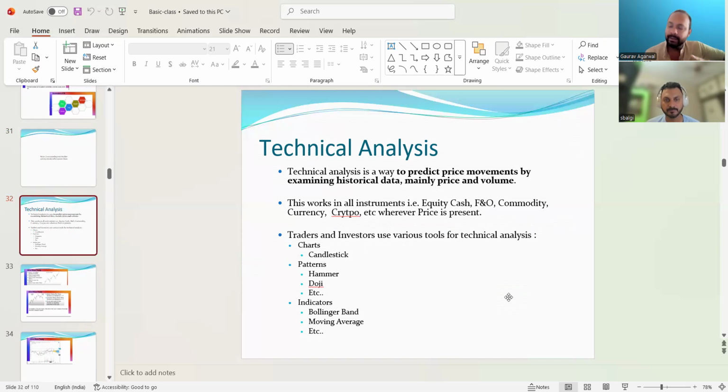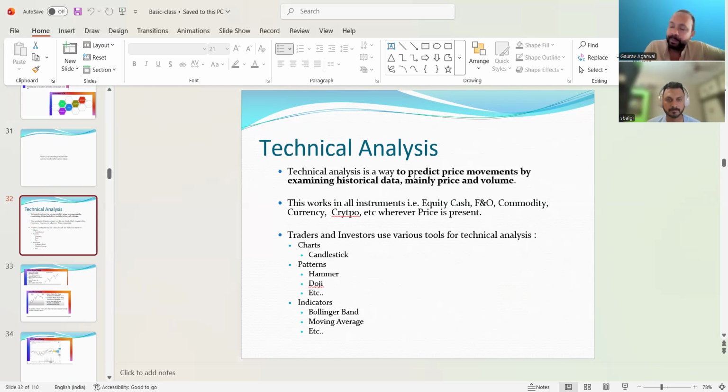By data I mean the price, the volume, the patterns it has formed in the past. We have to read that data and predict how it is going to behave in future. This is called technical analysis, right?